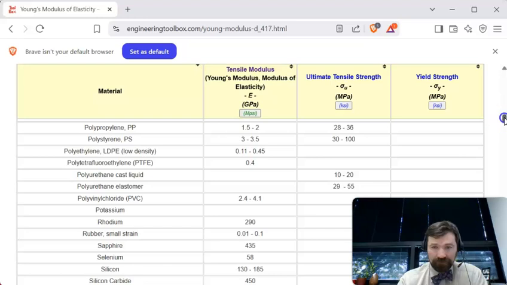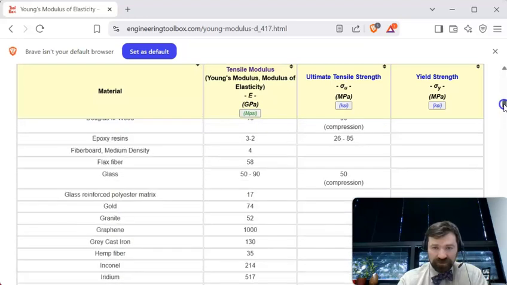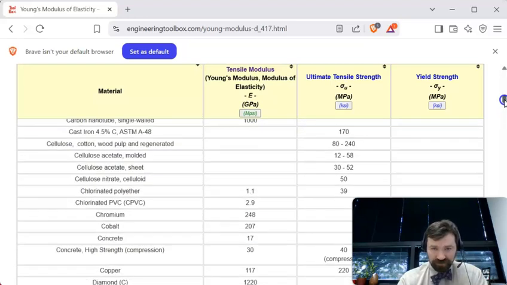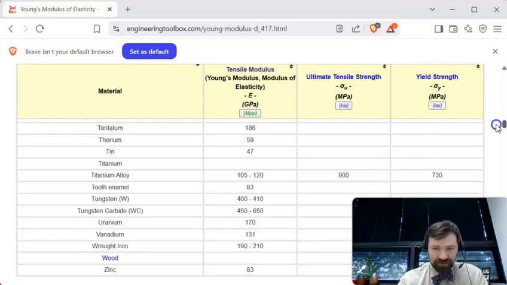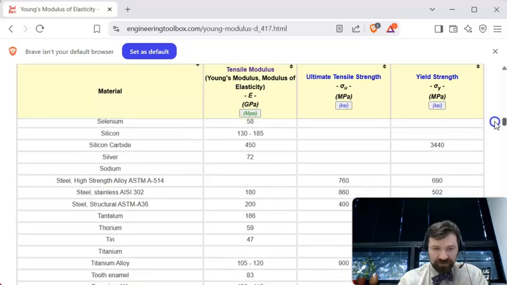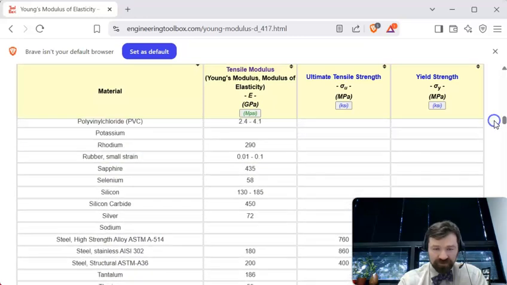I'm not trying to figure out whether the object is going to break or not. I'm just interested in assuming that we can apply this much force and this much modulus of elasticity, what will happen?